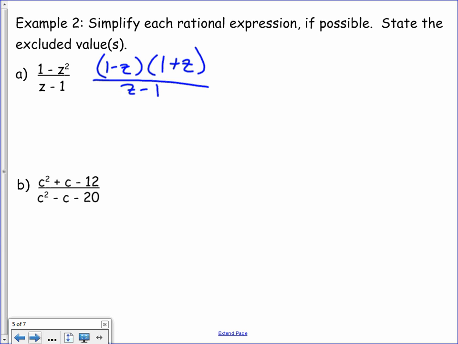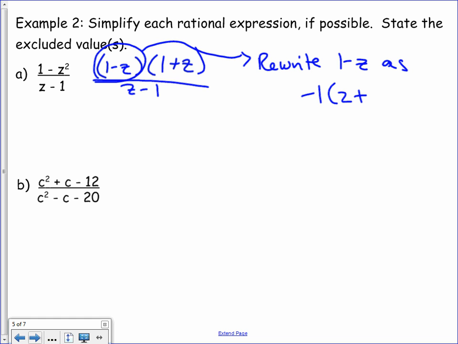What we want to do now is rewrite 1 minus z up here as negative 1 times z minus 1, not plus 1, because that would be negative z, which is what we have, and then positive 1, which is what we have up here.